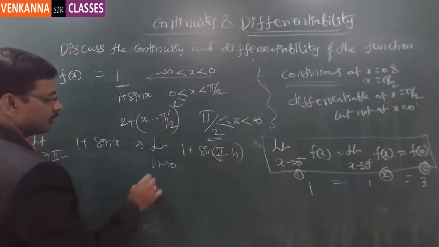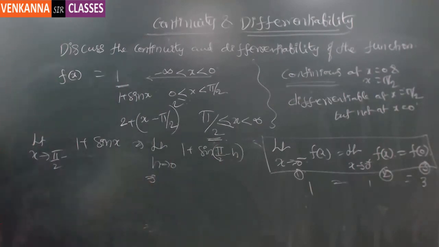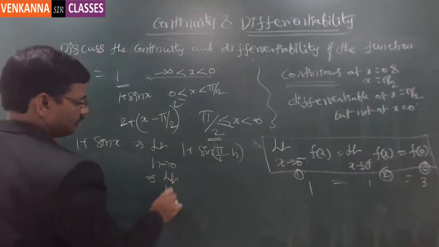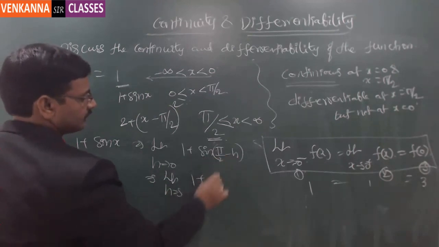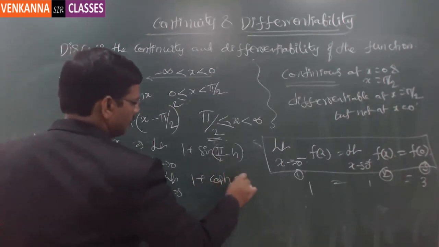What is sin of pi by 2 minus h? Limit h tends to 0 of 1 plus cos h. This value is coming out to be 2.